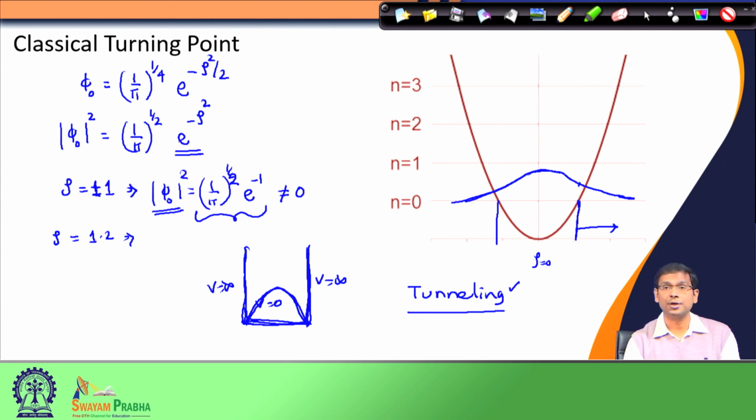That means the potential energy is a continuously varying function along the displacement, and because of this soft nature of the potential, we see quantum mechanical tunneling. Quantum mechanical tunneling is an important property of the harmonic oscillator problem that we discussed today.